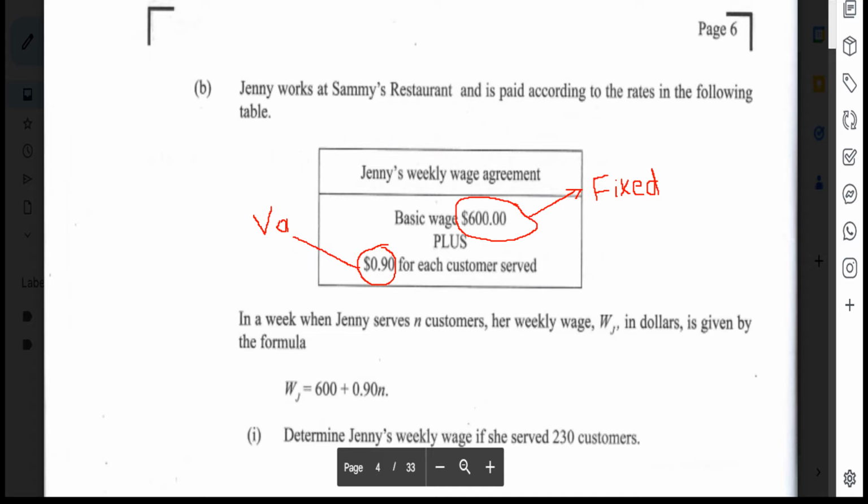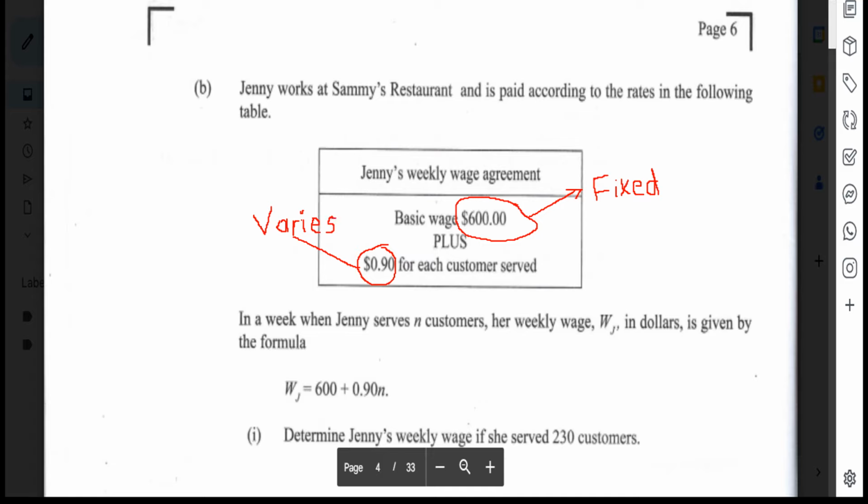So it is a variable rate. It varies according to the number of customers that Jenny serves. We need to point out those two things before we go any further in this question.